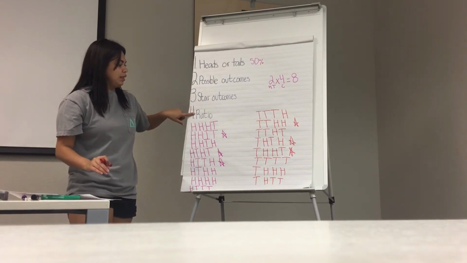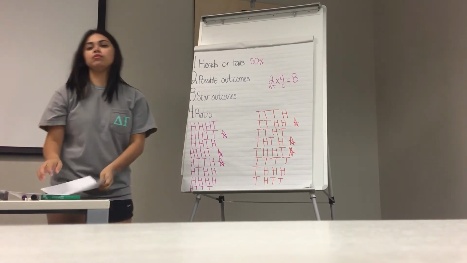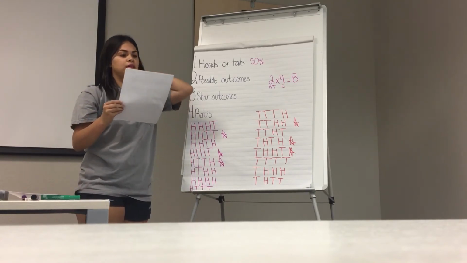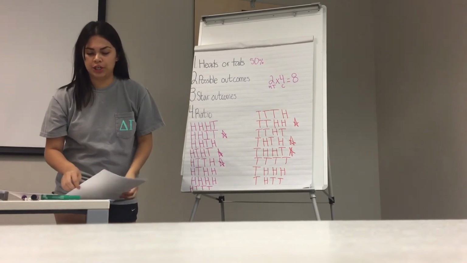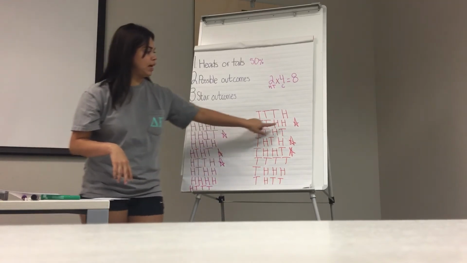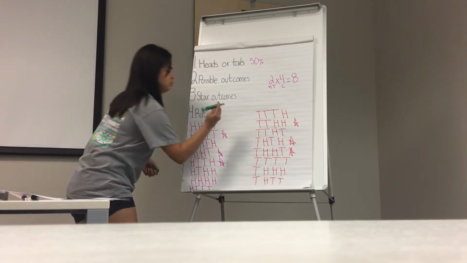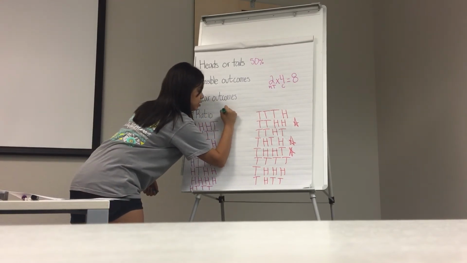Okay, the last step. We want to determine the ratio of 2 heads, 2 tails. We got 3 chances out of both of them, so that adds up to 6, right? 6.